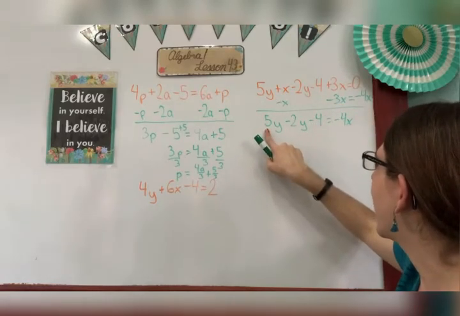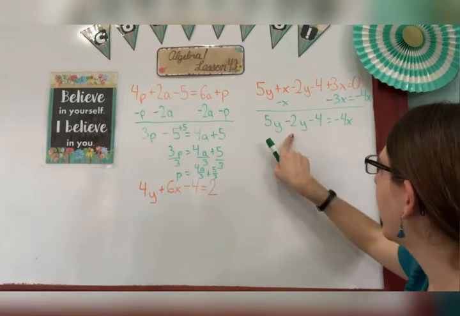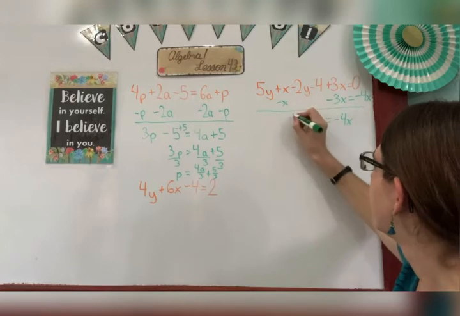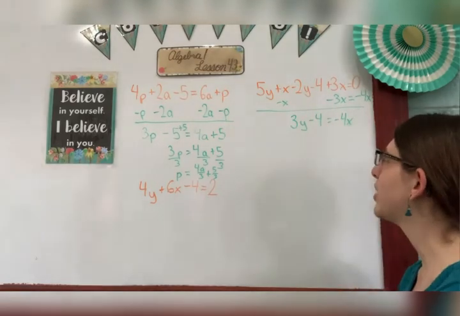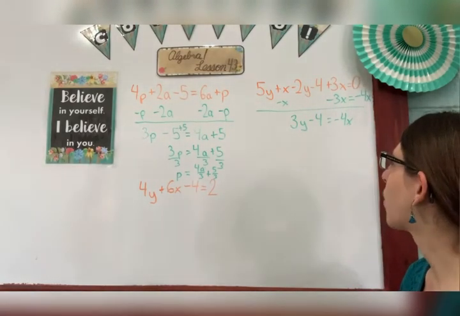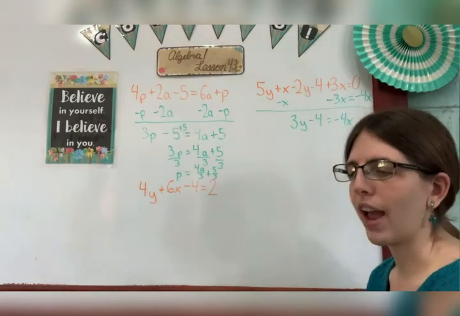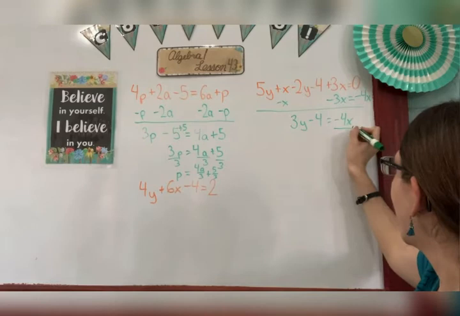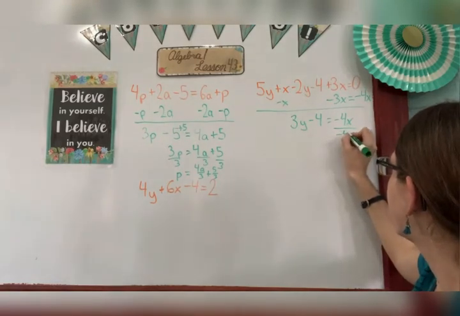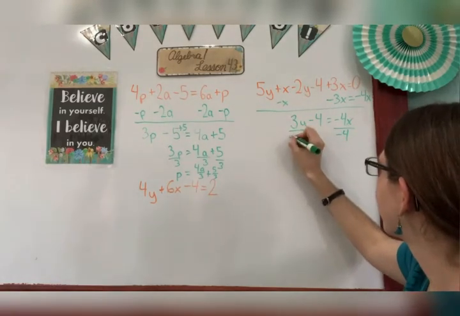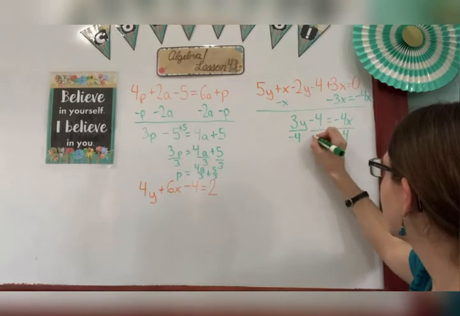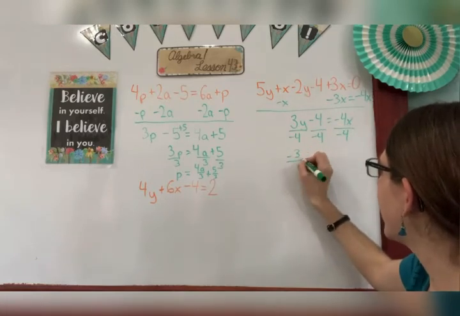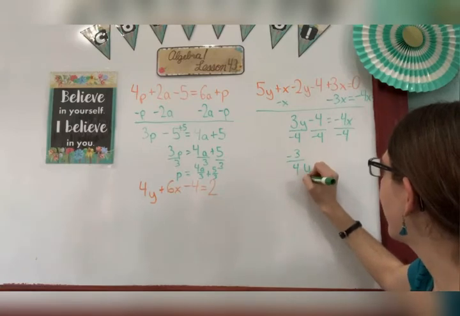I can combine my 5y and my 2y. 5y minus 2y is 3y. So now I just have 3y minus 4 equals negative 4x. So to get rid of the negative 4 that's with my x, I'm going to divide each of my terms by negative 4. This is negative 3 over 4y.